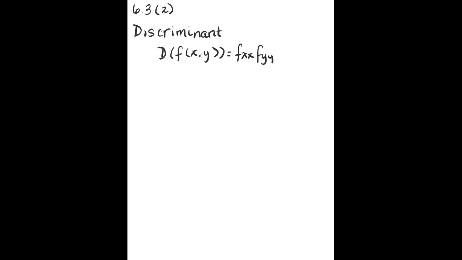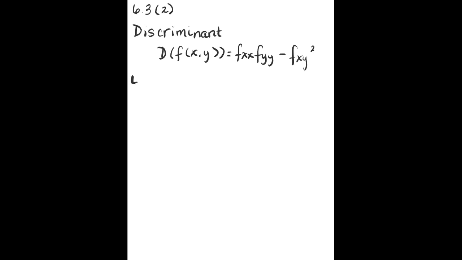All right, so you're going to take the two partial derivatives. One is the second partial with respect to x, the second partial with respect to y, and then you're going to subtract the mixed partial squared. Okay, so it doesn't matter which mixed partial you do because, again, they're exactly the same.